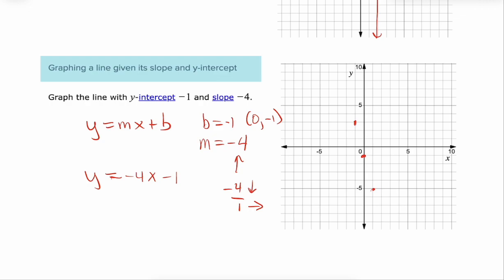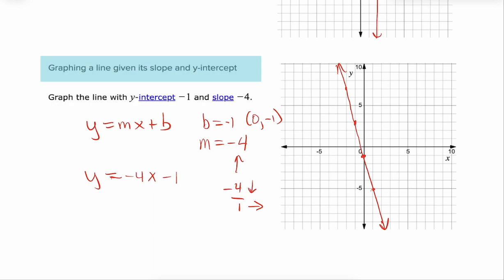Now, one way to check our work is by thinking to yourself, did I hit the y-axis at -1? Yes. Is my slope going downward to the right? It should be, always, for a negative slope, going downward to the right.